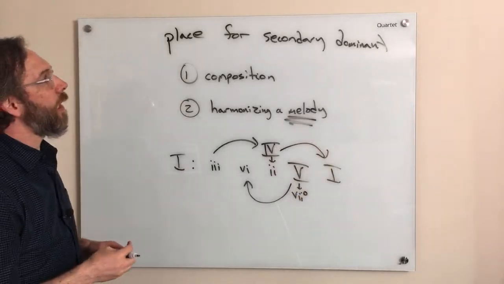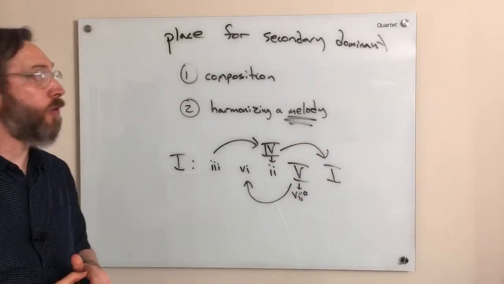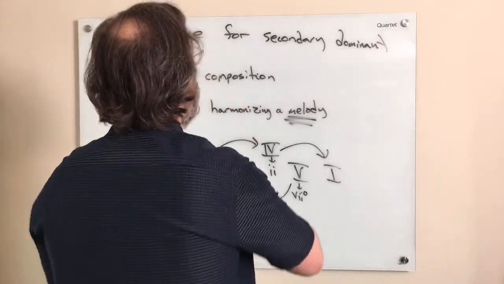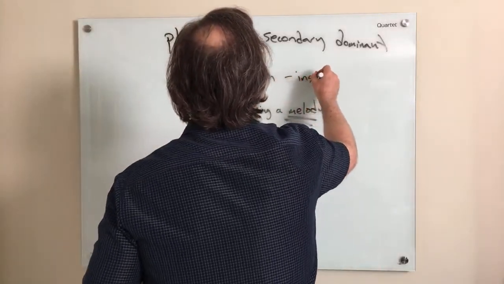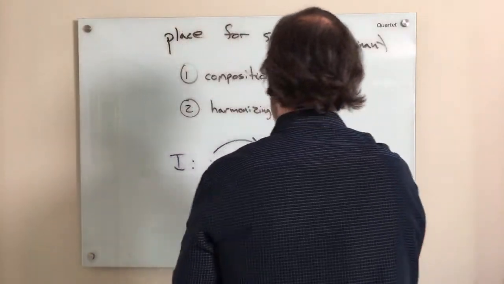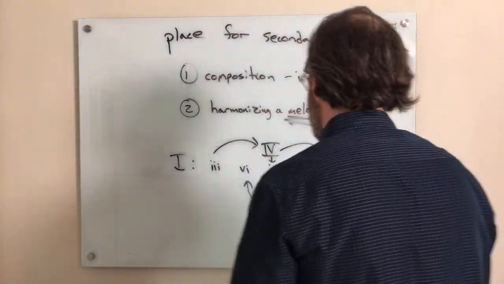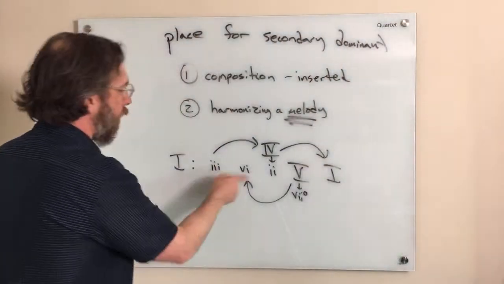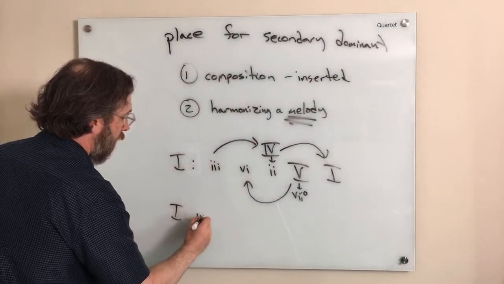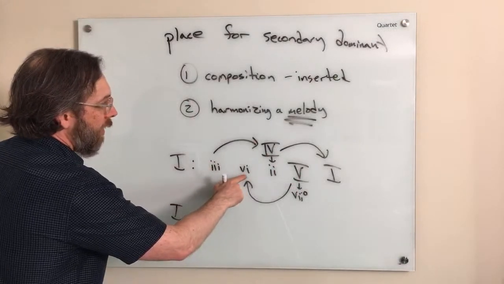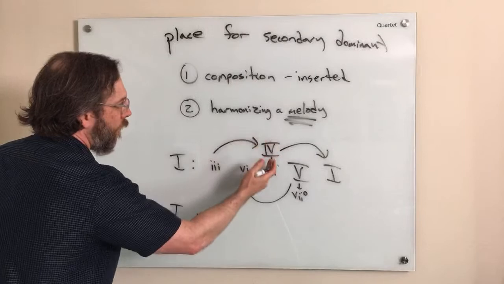So a secondary dominant can really, if you're composing, be inserted anywhere in the chart. So if you were to just say, I'm going to take, 1 can go anywhere. So let's say I go 1, 6. Once I get to 6, I pretty much have to go to 4 or 2.